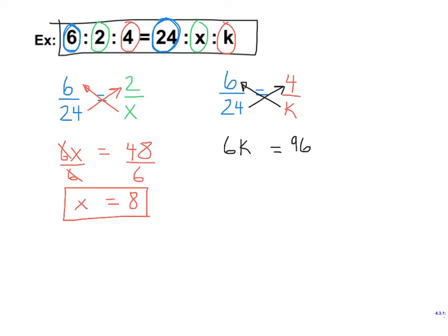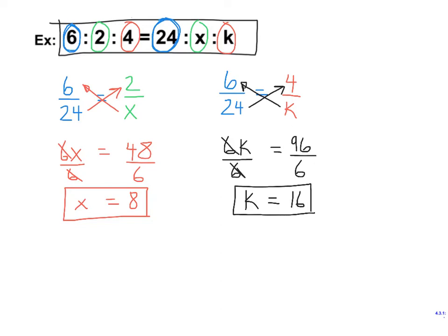And then in order to get rid of the 6, because this is 6 times k, I'm going to do the opposite operation, which is divide by 6. So 6k divided by 6 is just going to leave me with the 1k, and 96 divided by 6 is going to leave me with 16. Okay, so you end up with k is equal to 16.